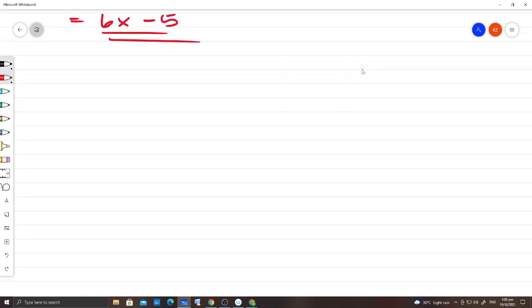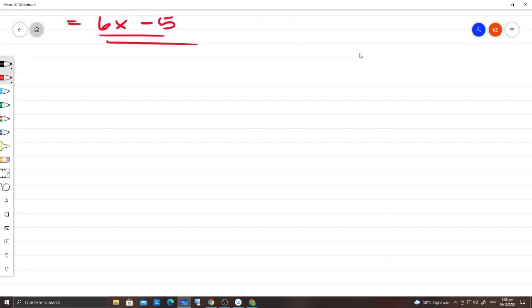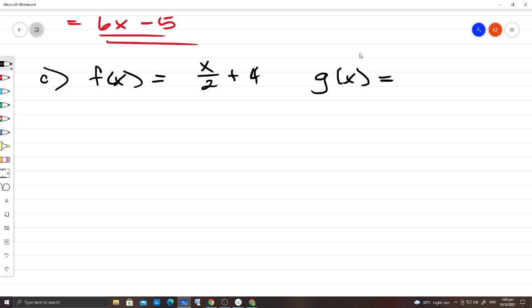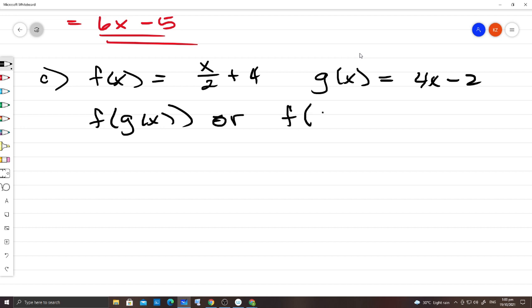Next, letter C. Don't worry, I will teach until letter D only. f of x is equal to x over 2 plus 4, and then g of x is equal to 4x minus 2. Again, the question is find f composed of g of x, or you can write f composed of 4x minus 2.